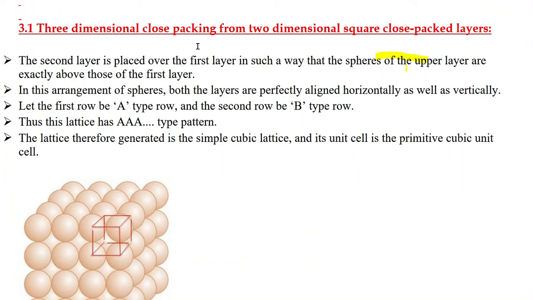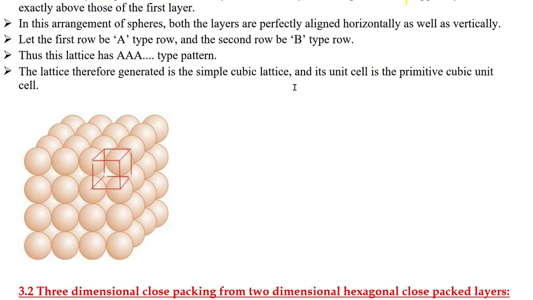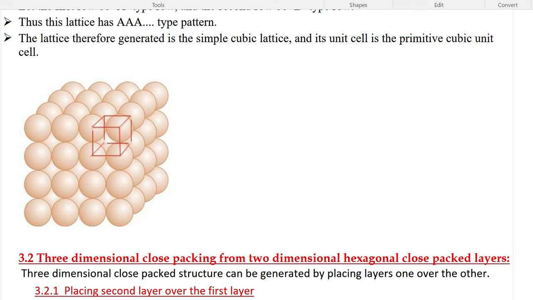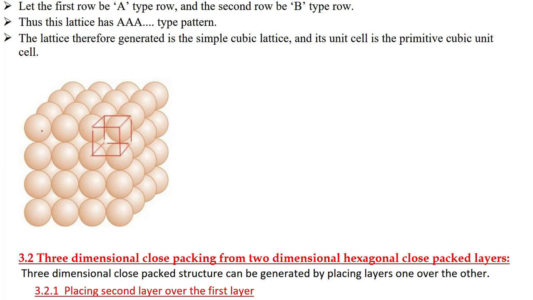In 3-dimensional close packing from 2-dimensional square close pack layers, I explained that in this type of packing, all the spheres are aligned with each other. Aligned means, as I hope you understood with the help of the video I gave you in the last lecture, their centers are aligned with each other.